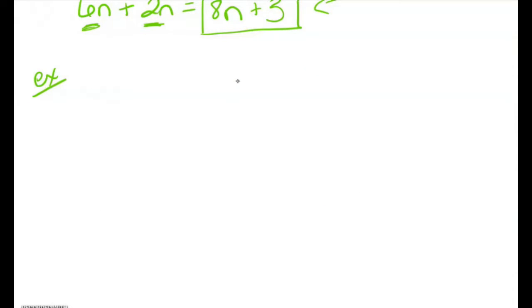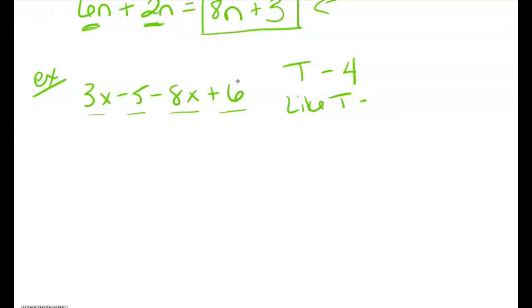All right, let's do the example 3x minus 5 minus 8x plus 6. First thing we want to do is identify how many terms we have. 1, 2, 3, 4. Okay, what about like terms? So these are the ones that have the same letter or are both constants.